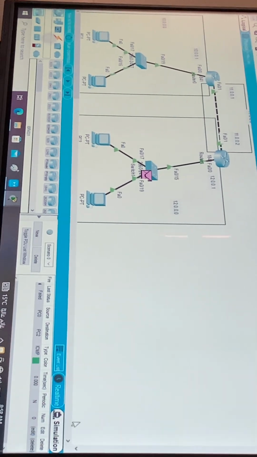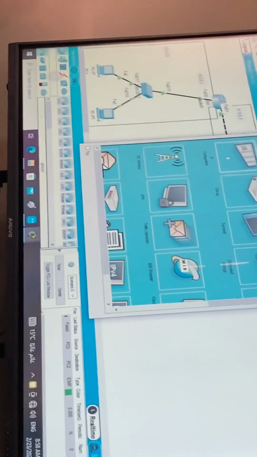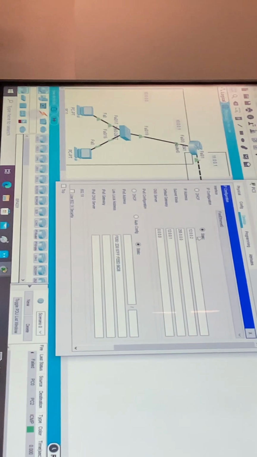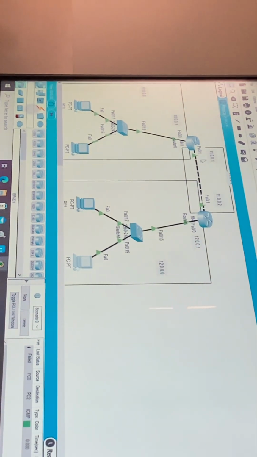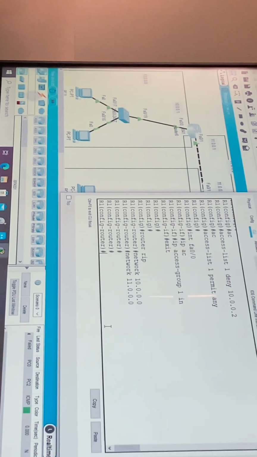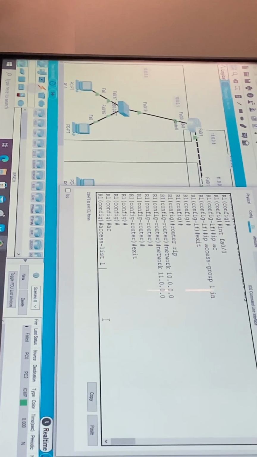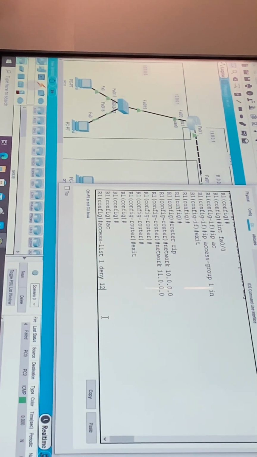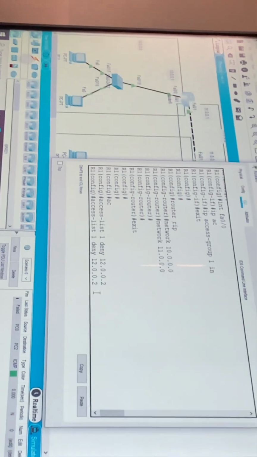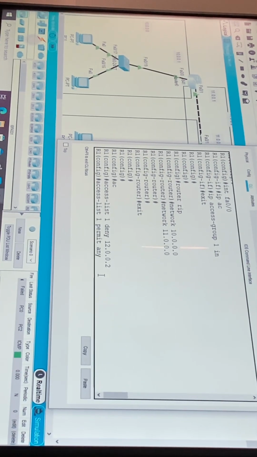So now what I want to do is inverse the idea. I want to deny 12.2 from coming in. Let's say 12.3. This is 12.2, right? Yes. So I want to deny 12.2 from coming to the router. Again: access list 1 deny 12.2, and then permit.